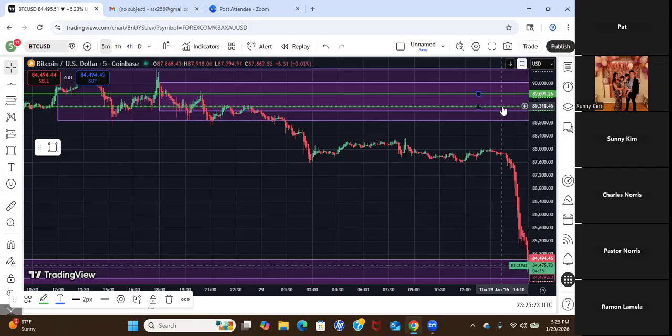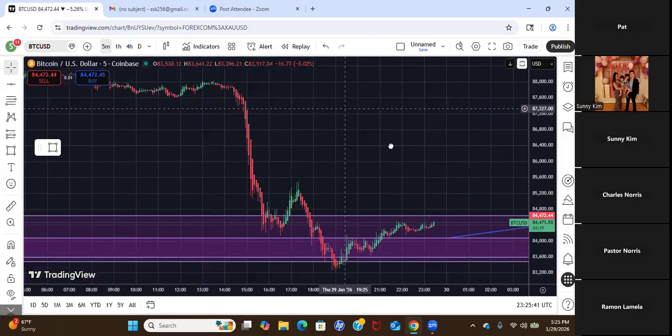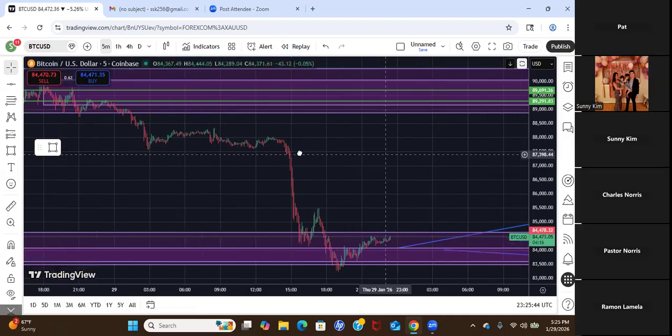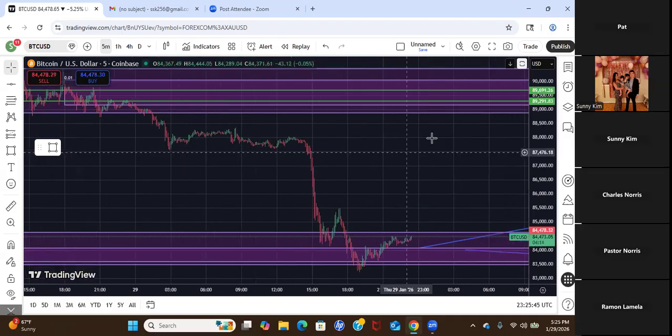If you're risking 0.10 lots, enter 0.05 here, and then 0.05 here. If you're risking one lot, 0.5, 0.5. So that's how you look for those entries.